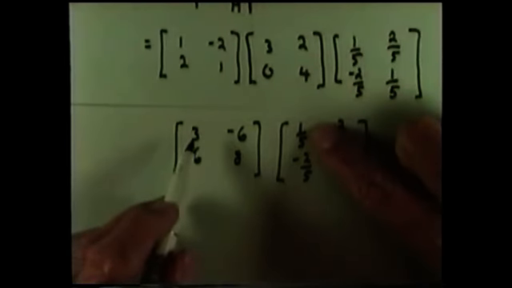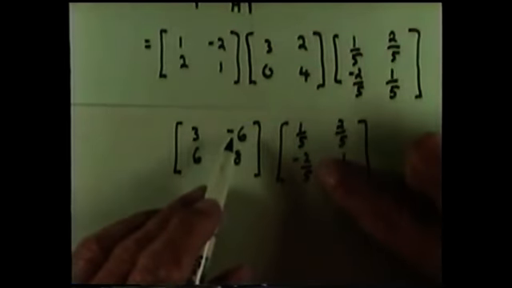That's going to be 3/5 minus 3/5 plus 12/5, which would be 15/5, which is 3.